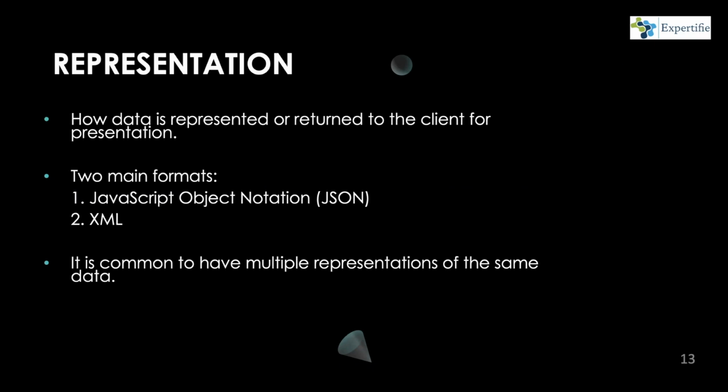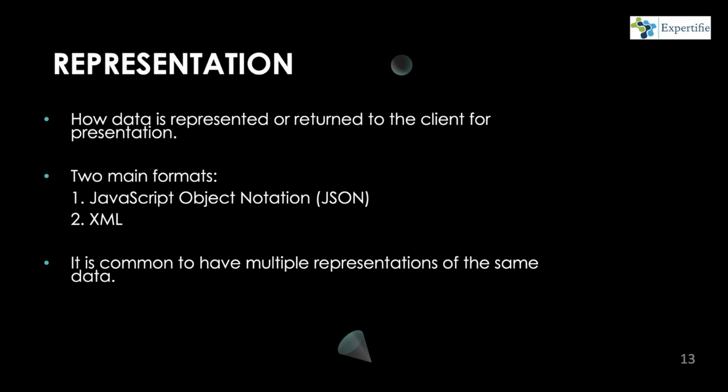And it is very common to have multiple representations. Let's say the server has a resource about customer data, but there is a chance that one client making a request wants the data in XML format, and another client wants data in JSON format.